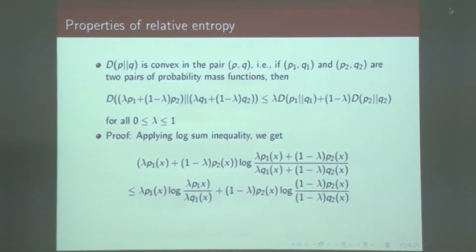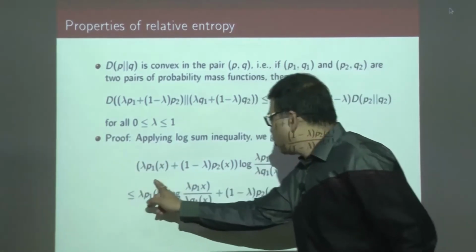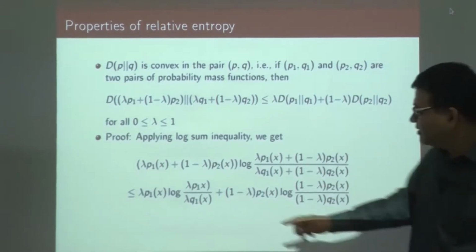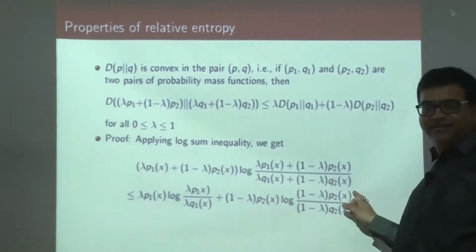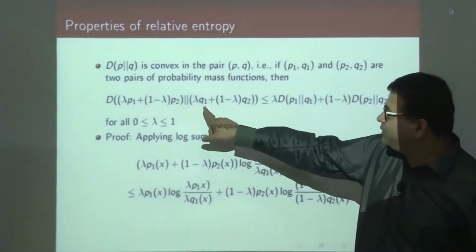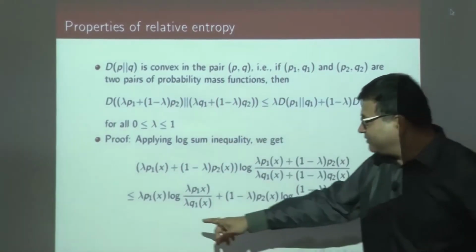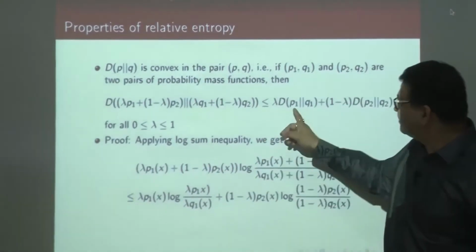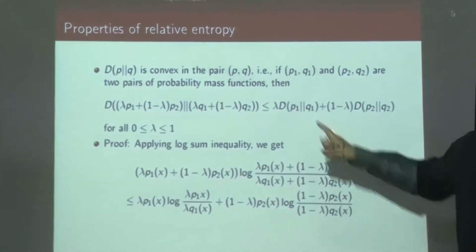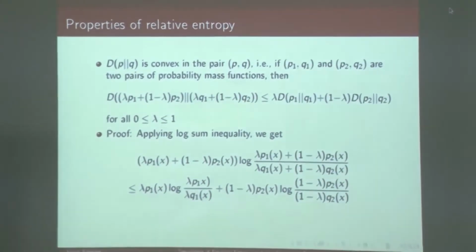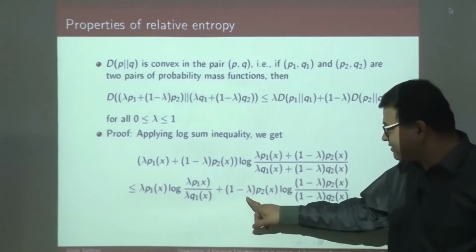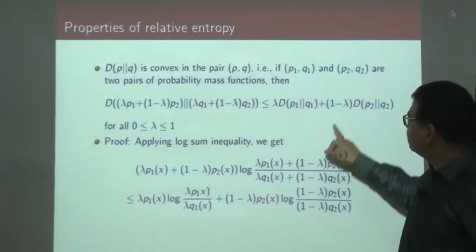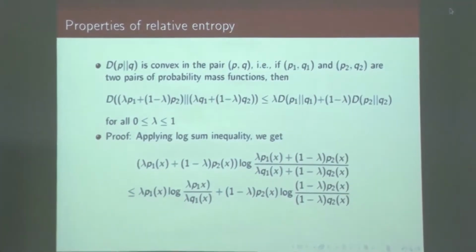If I sum over all possible values of x, what is this term? This is a divergence of this and this, and this will be lambda times summation p1 log p1 by q1, which is lambda times the divergence of p1 q1, and this will be 1 minus lambda times summation p2 log p2 by q2, which is the divergence of p2 q2.